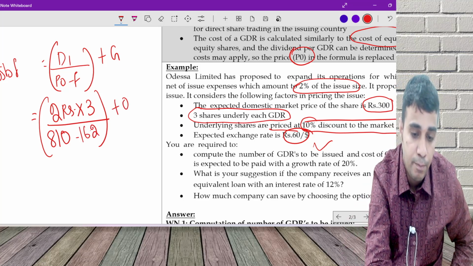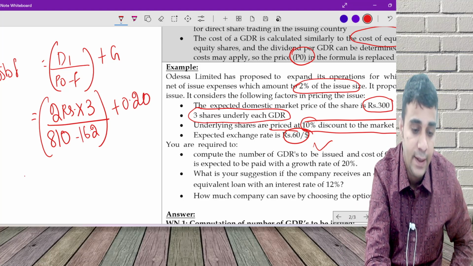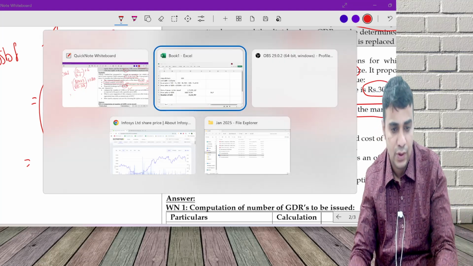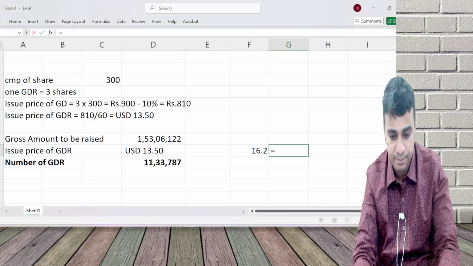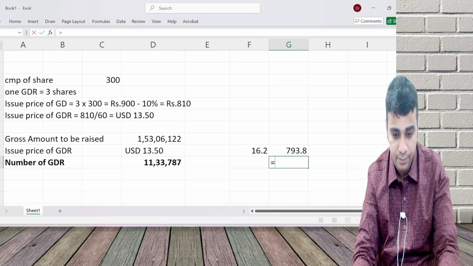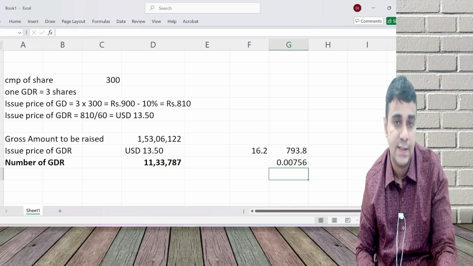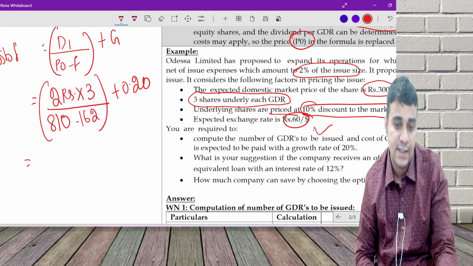Growth rate is 0.20, 20%. So this number now is 6 divided by 193.8, which is 0.0076.